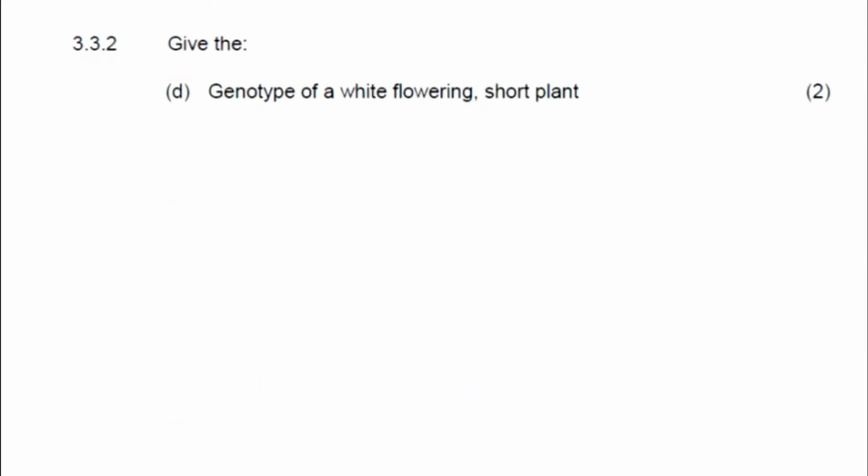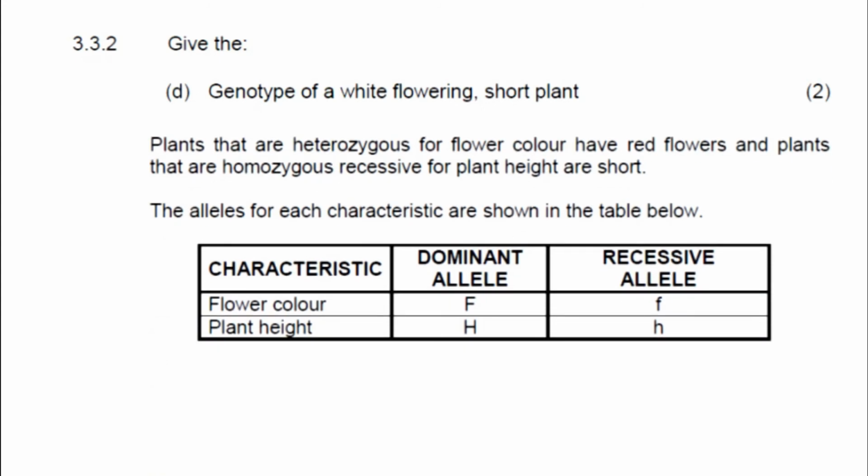In the next question, they want the genotype of a white flowering short plant, okay? Now, if we go back to our information right at the beginning, if it is white, it's going to need two small letter Fs, and if it is short, it's going to need two small letter Hs. So there's our answer.